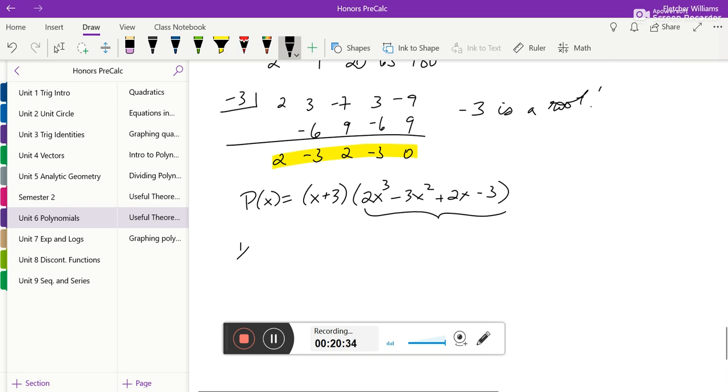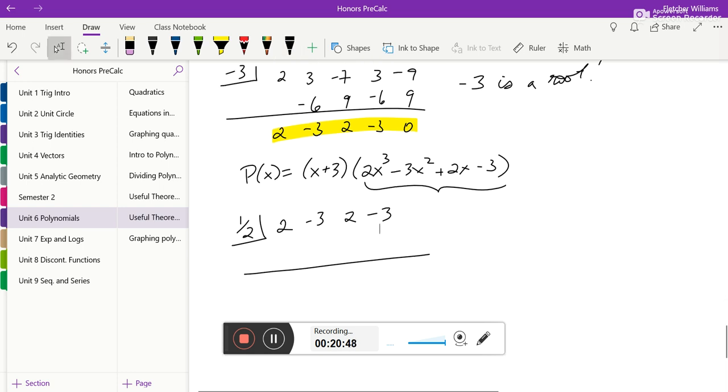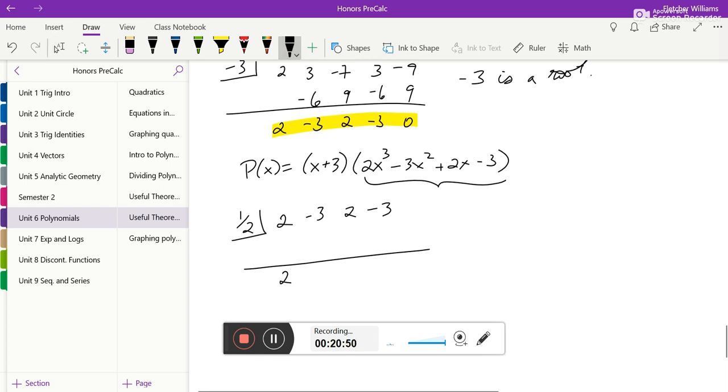We've already got the negative, so let's test the positive. Okay, and notice, we're going to divide using the coefficients of our reduced equation. Okay. Bring down the 2, 1, negative 2, negative 1, 1, 1 half, negative 5 halves.